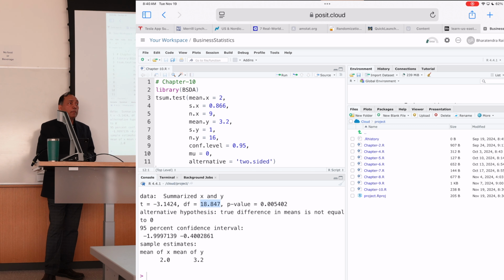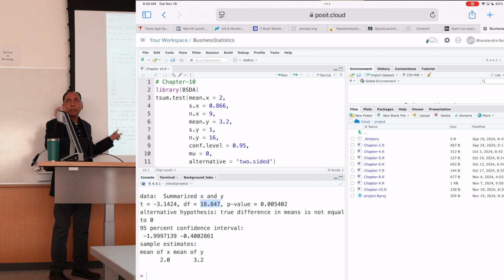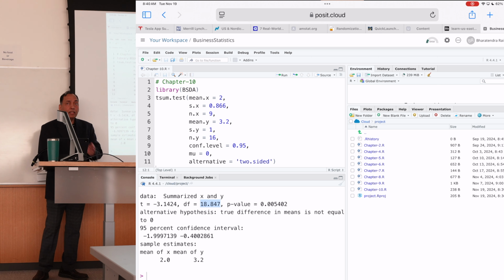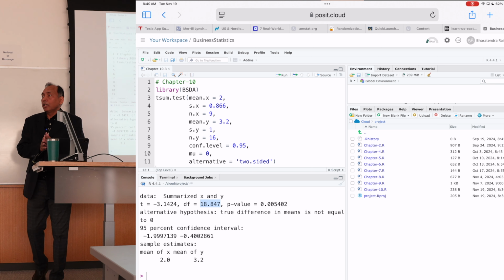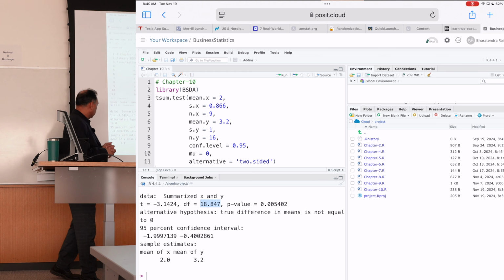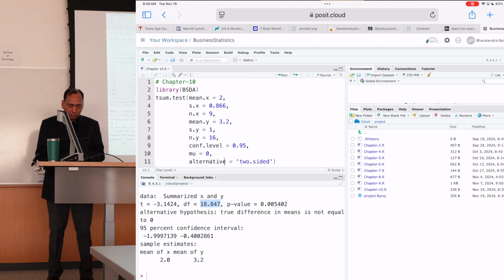It also gives confidence interval, 95% confidence interval for the difference in means. So you'll find both the numbers are negative. Both the numbers are negative means it is likely significant. If one was positive, one was negative, then it may not have been. So we can write conclusion.